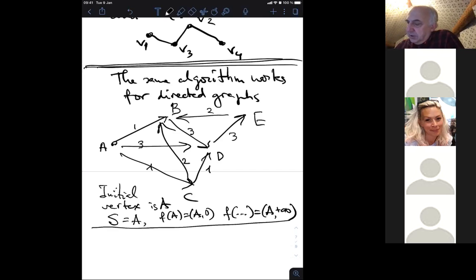If there is not, the label will stay the same. If there is, then I'll substitute my plus infinity, which is my current distance, by the length of the corresponding edge.